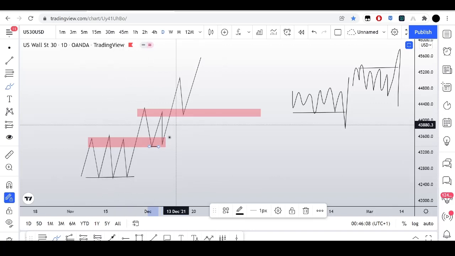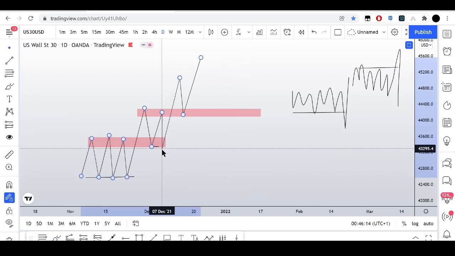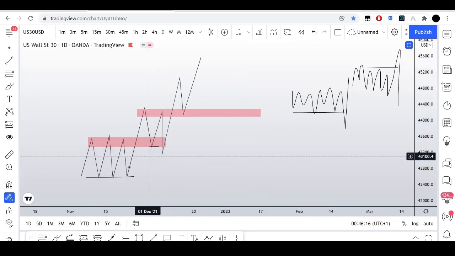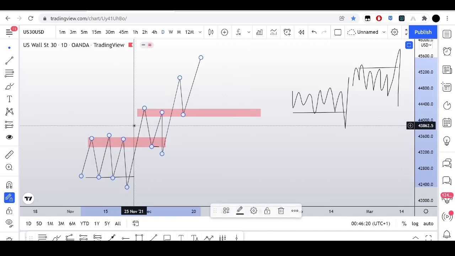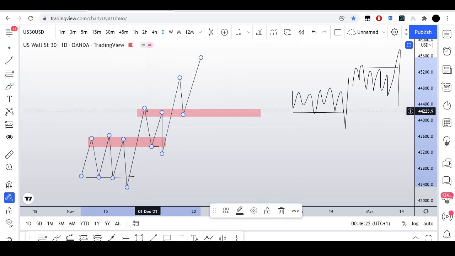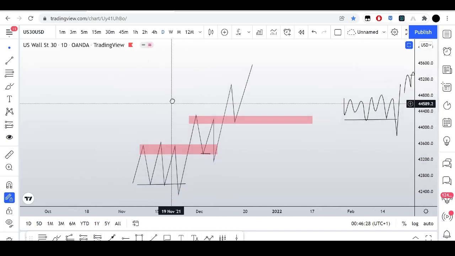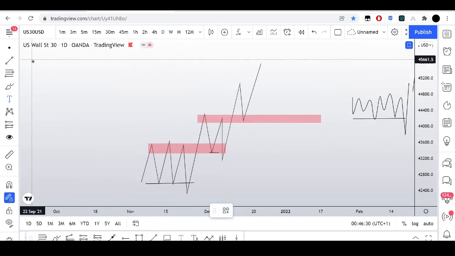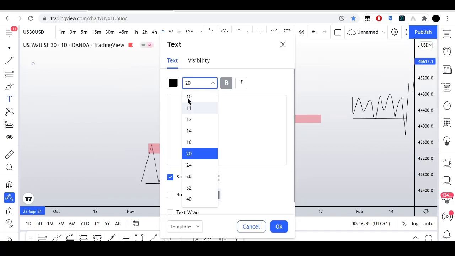Whenever you're looking at your structure, you want to see lows get taken out before the break of structure, lows taken out before the break of the highs. So that's one thing you want to look for. Let's go ahead and write that down. I'm about to give you guys some rules. Let's do this.